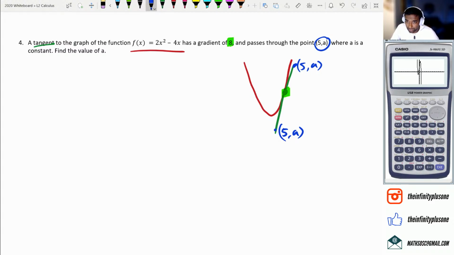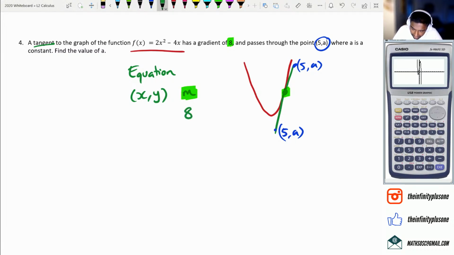To find the equation of the green line, remember the equation of a tangent. So I'm going to write this here. If I want to find the equation of that green line, I'm going to need x, y, and the gradient. Right now, the only thing that I have is the gradient, because the gradient is equal to 8.